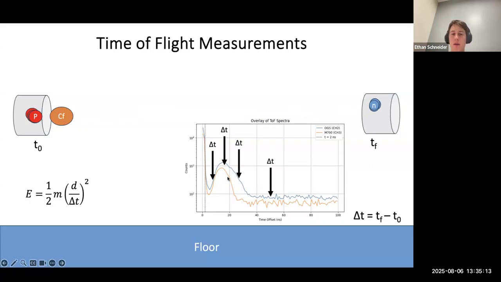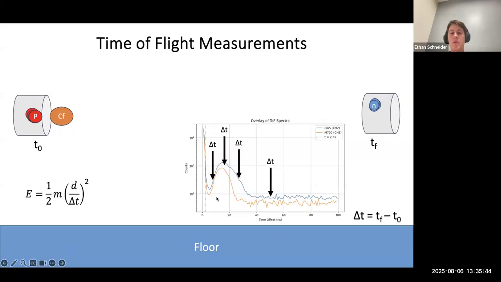So here you can look at this lobe structure, and you can see that based upon this path length that we have, let's say 1 meter, we're able to calculate the energy of our neutron, since we know the distance between the two detectors, and we know the time it takes for our neutron to go this path length. Since we know the neutron mass, we can calculate the energy of the neutron for the single time bin.